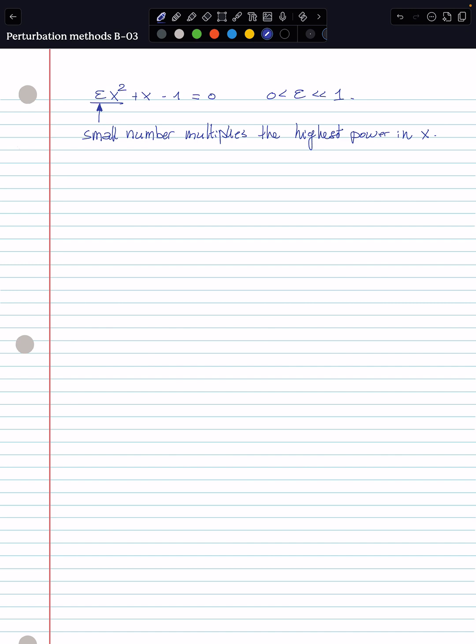We recognize this is a perturbed problem, so we can try it by looking at the unperturbed problem. That's the first reaction you should, of course, definitely have. The equation is x minus 1 is equal to 0, which means that x is equal to 1.